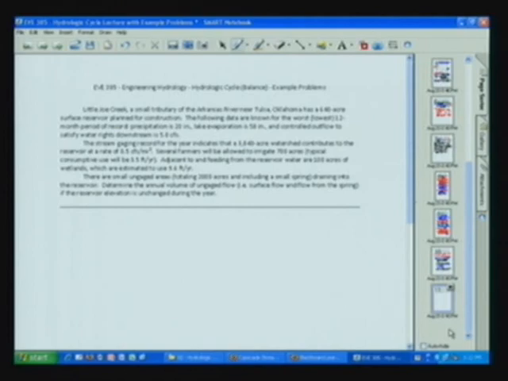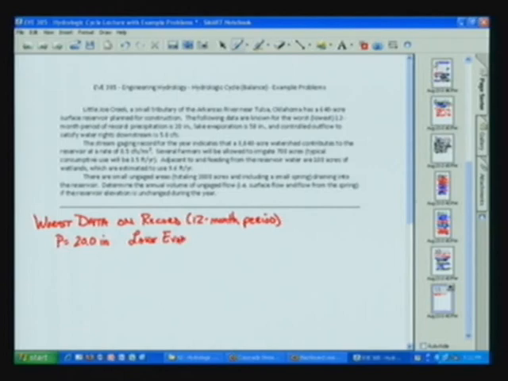So the worst data on record for a given 12-month period: precipitation is 20 inches. Lake evaporation is 58 inches.